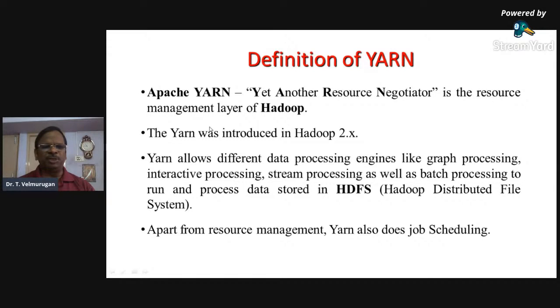It is the resource management layer of Hadoop. YARN was introduced from the Hadoop 2.0 version onwards. YARN allows different data processing engines to carry out data processing work: graph processing, interactive processing, stream processing, as well as batch processing.